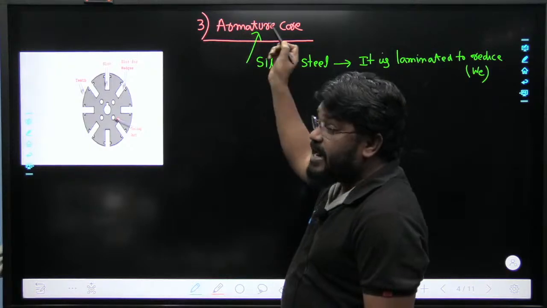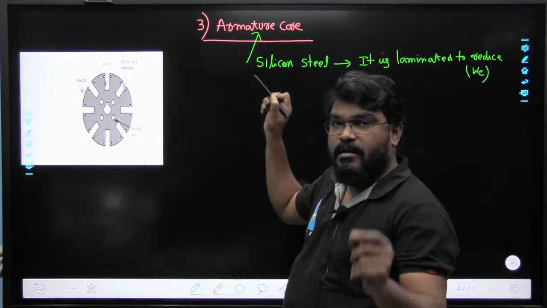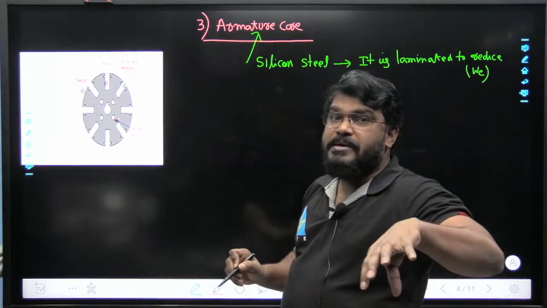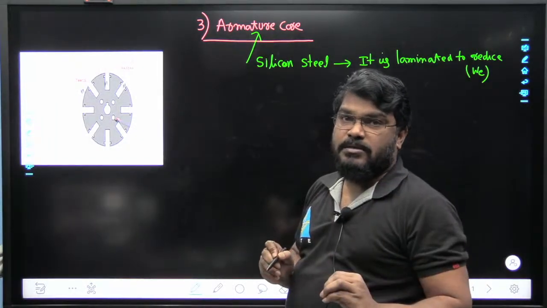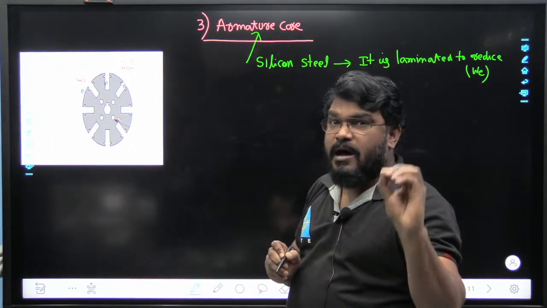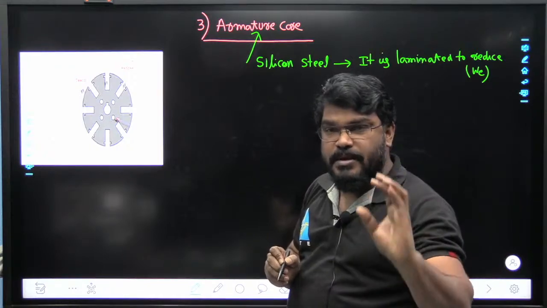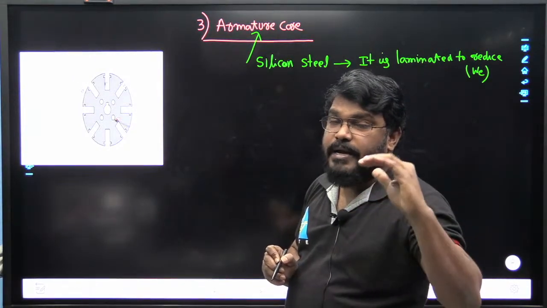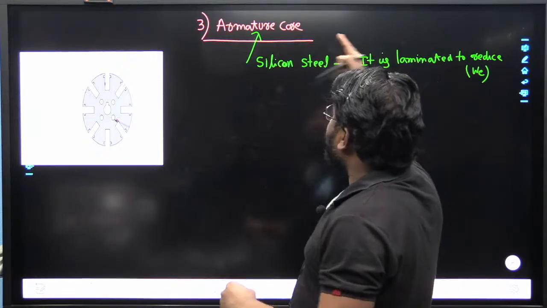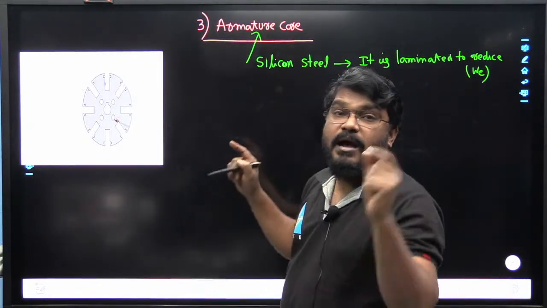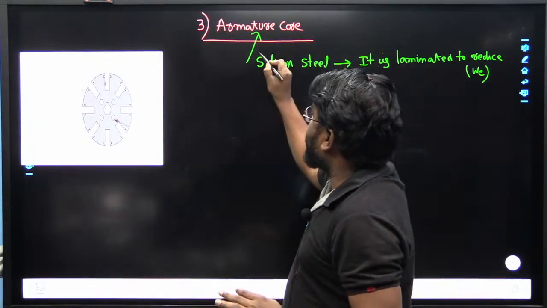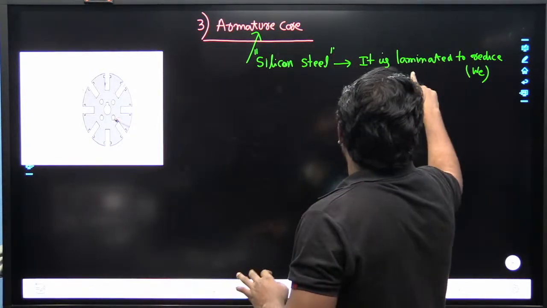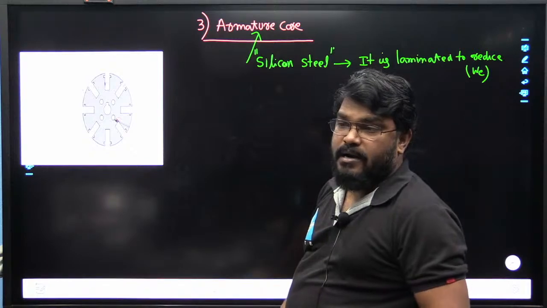Because the current in the armature winding is AC in nature, so the flux produced in the armature is AC in nature. So there is a possibility of eddy current losses in the armature core also. How do we reduce them? Eddy current losses can be reduced by laminating the armature core. So first, it is made with silicon steel and laminated to reduce eddy current losses.